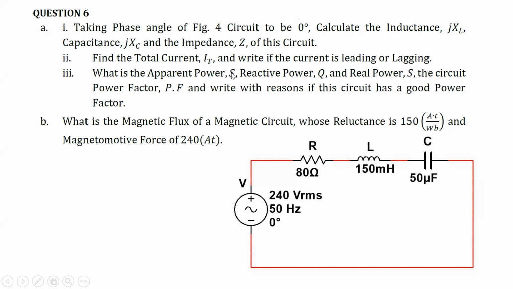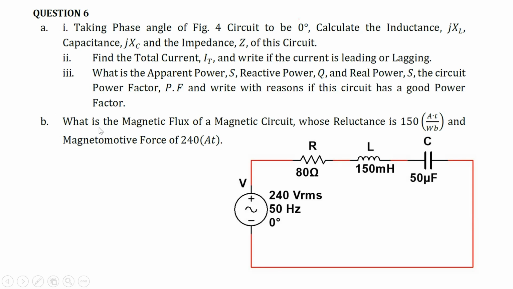What is the apparent power S, reactive power Q, and real power? Real power is measured in watts, which is W. Then the circuit power factor PF, and write the reason if this circuit has a good power factor.